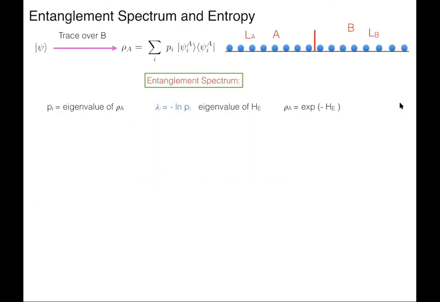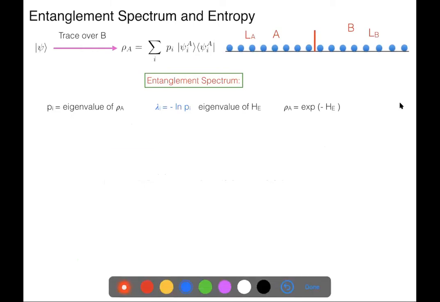A couple of definitions before I tell you what we did. You can take each of the eigenvalues p_i of the density matrix, and instead look at minus log of p_i. If you are more careful, you can think of a density matrix as exponential of minus H_E, and it's then the spectrum of H_E, if you wish.